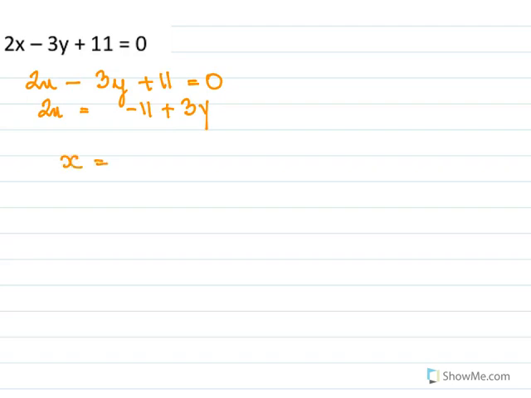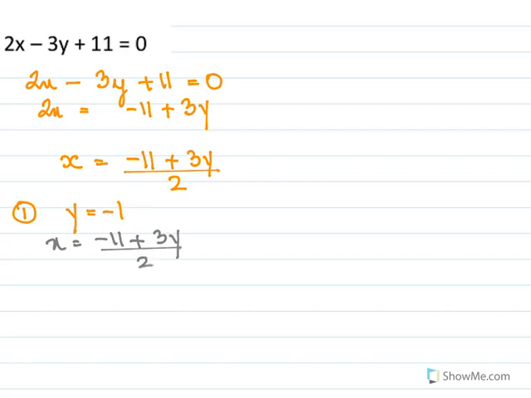So x = (-11 + 3y)/2. Take up the first solution. Here for the first one, we will take, say, y = -1. Our equation is x = (-11 + 3y)/2.